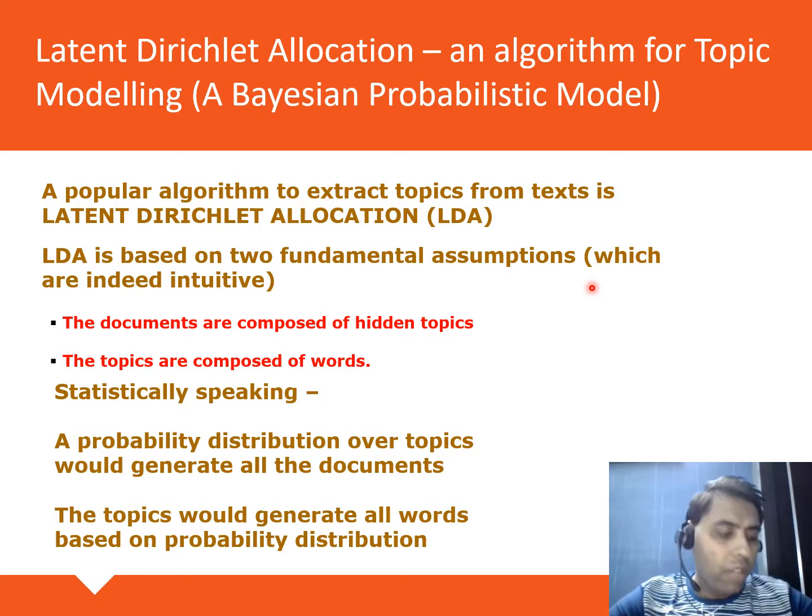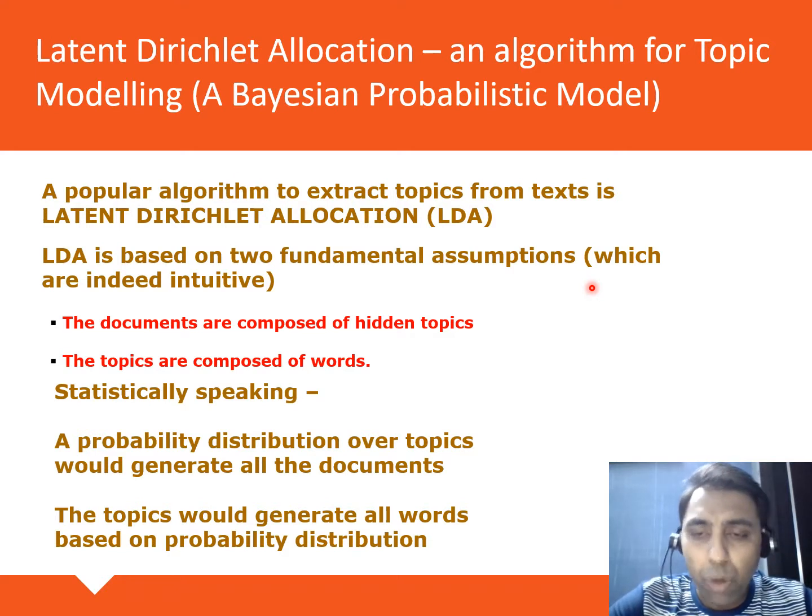Now, the algorithm which we will discuss here for topic modeling is perhaps one of the most popular algorithms for topic modeling, called latent Dirichlet allocation. There are other algorithms available as well for extracting topics out of text data, but LDA, or latent Dirichlet allocation, is the most popular, and it is supported in both R and Python, so you can very easily implement it on your text data.